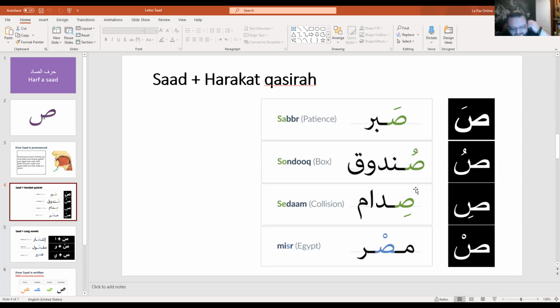Oh, okay, good. So this is صاد مع حركات قصيرة: فتحة ضمة كسرة and سكون. So it's ص, صو, صي, and s. Notice the difference if I say with the sin: sa, su, si. This is a sin. Now the sad would be sa, su, si.